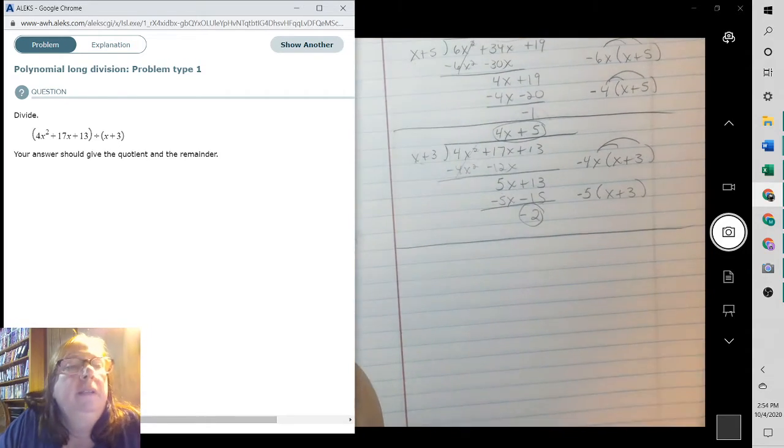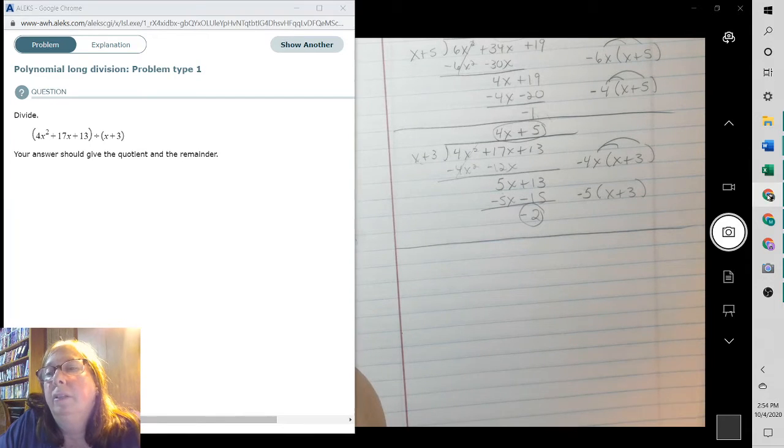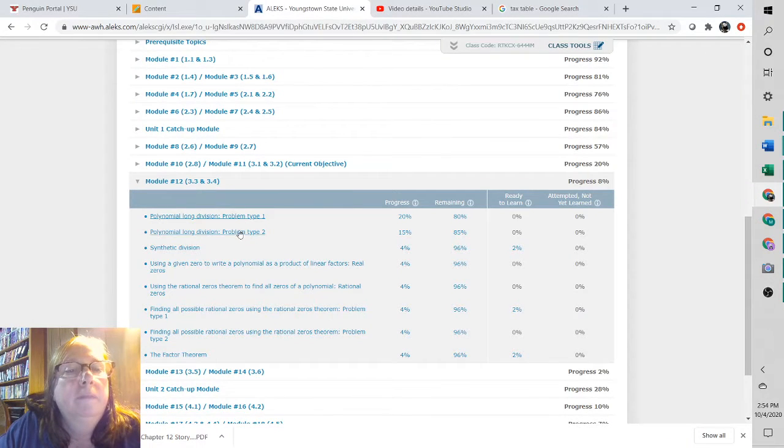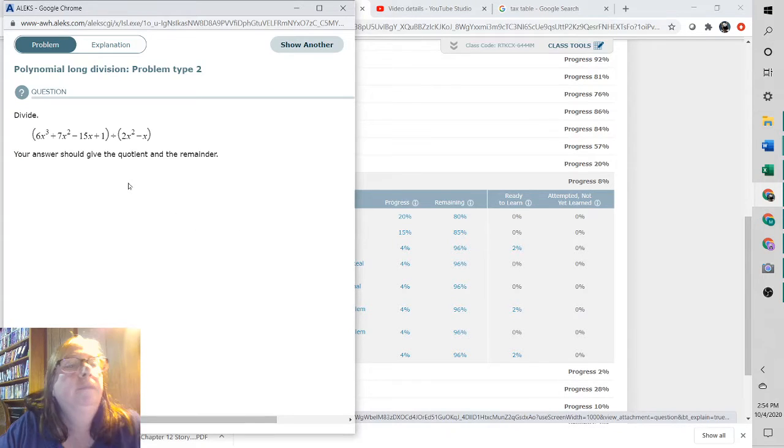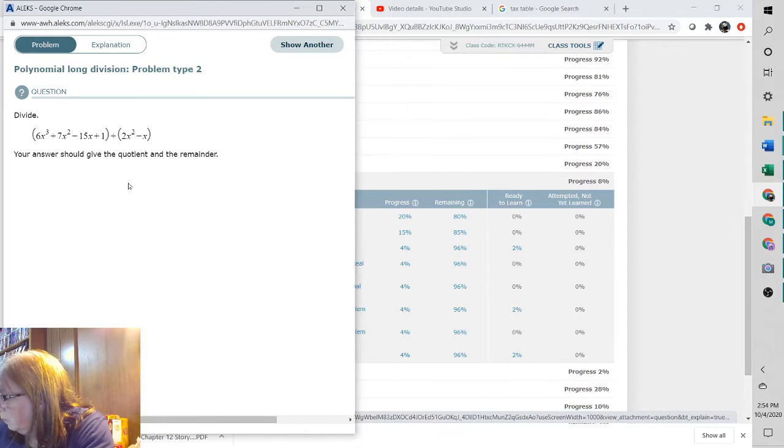There's another set. They just take it a step harder, so let's look at those. So we have 2x squared minus x, and we're dividing it into 6x cubed plus 7x squared minus 15x plus 1.